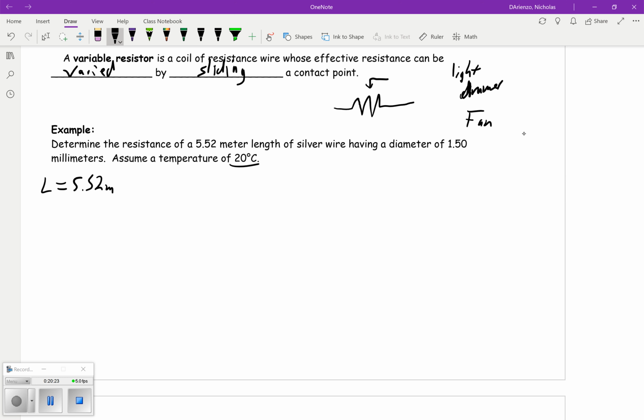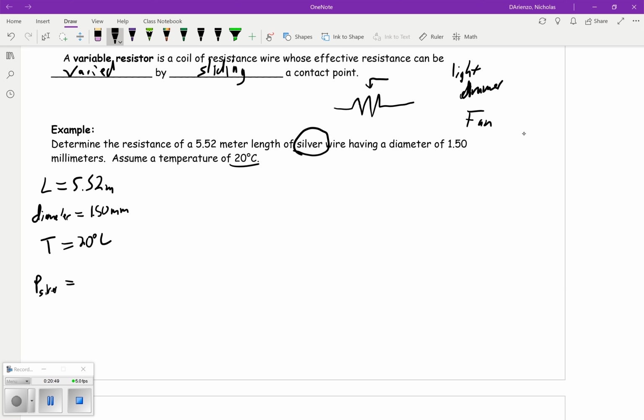We know that the diameter of the wire is 1.50 millimeters. And we know that temperature is 20 degrees Celsius. We also know that we're dealing with silver wire.